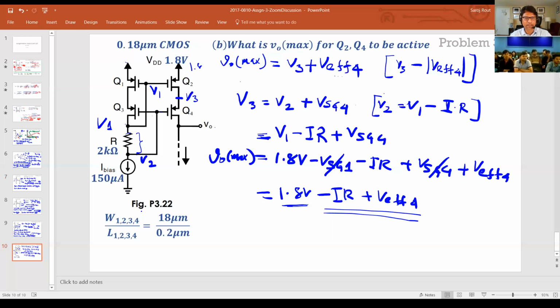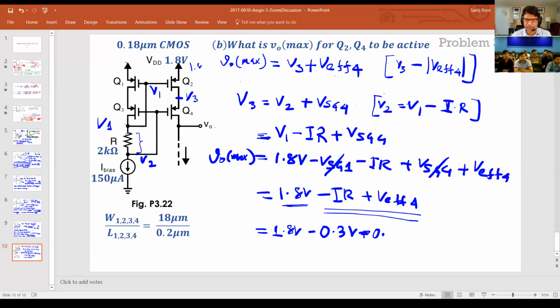So if I calculate it real quickly, 1.8 volts minus IR is 2 times 0.15, that's 0.3 volts. And V effective, I haven't calculated, but I'm just going to assume a number. So let's say this is 0.16.